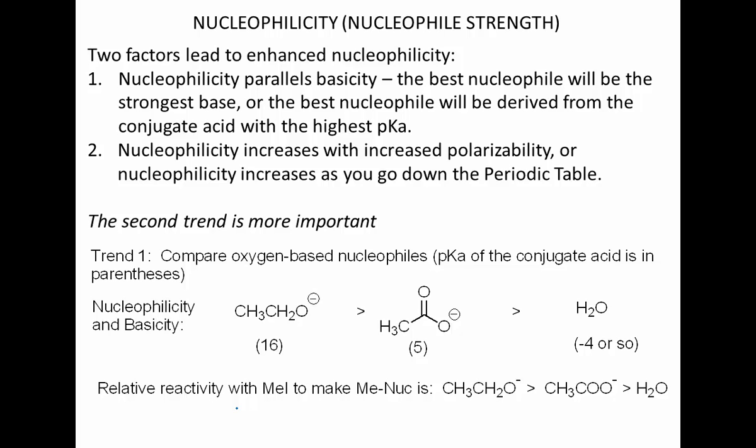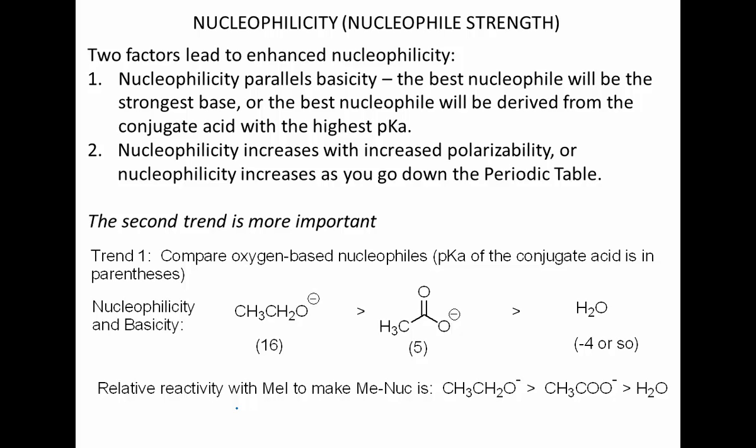No, sorry, we're going to talk a little bit about the other factor here, the nucleophile strength, nucleophilicity. Okay, so two factors can lead to enhanced nucleophilicity. Nucleophilicity parallels basicity. The best nucleophile will be the strongest base, or the best nucleophile will be derived from the conjugate acid with the highest pKa.